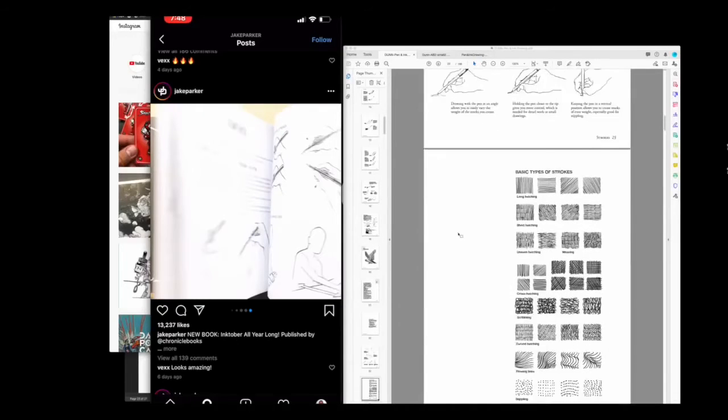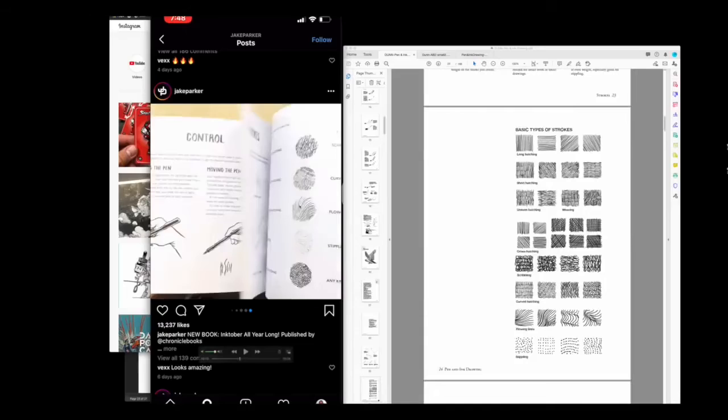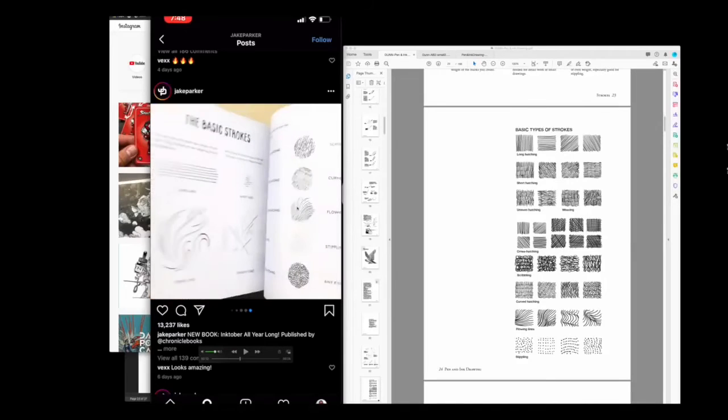The basic strokes after that. Oh, he discussed the basic strokes. All right. Now look, there are certain types of strokes in pen and ink drawing that are standard. But to just copy the format, come on.